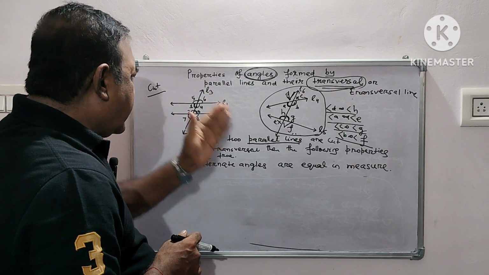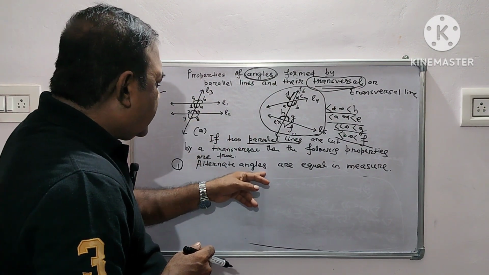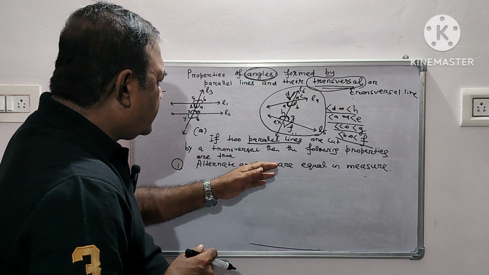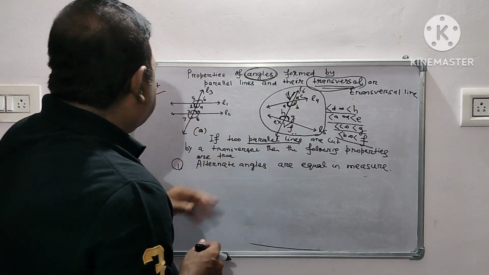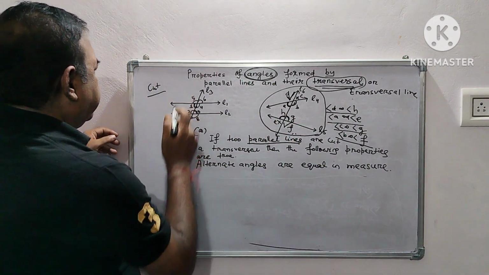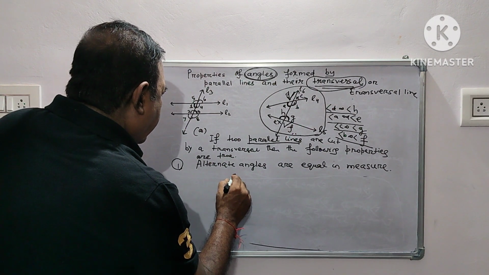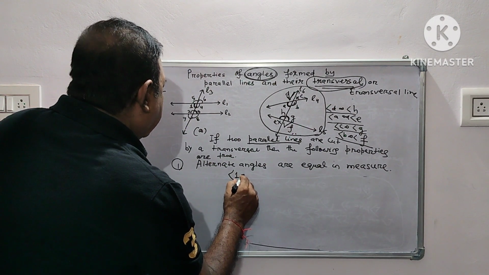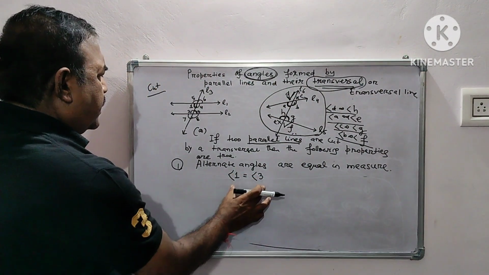So in case of parallel lines, when they are cut by a transversal, the alternate angles will be equal in measure. That means you see, the measure of angle 1 is equal to the measure of angle 3. This is one pair.